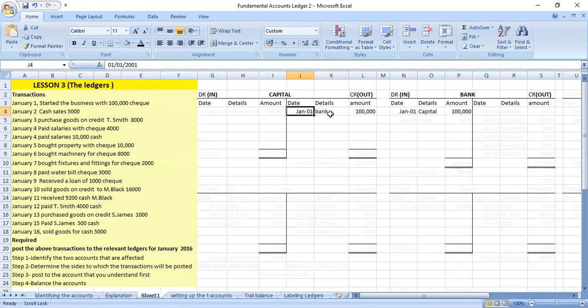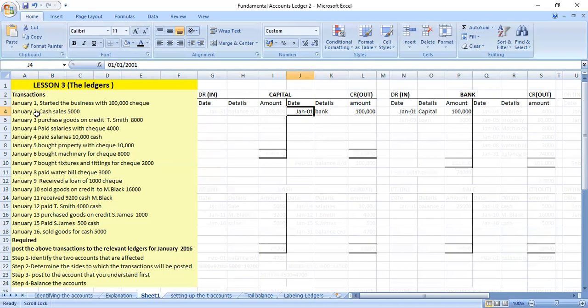We have to put bank to show that the capital went into the bank account. In the bank account, we have to put capital to show that this $100,000 came from out of the capital account.